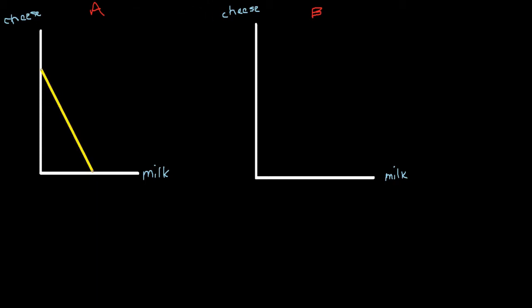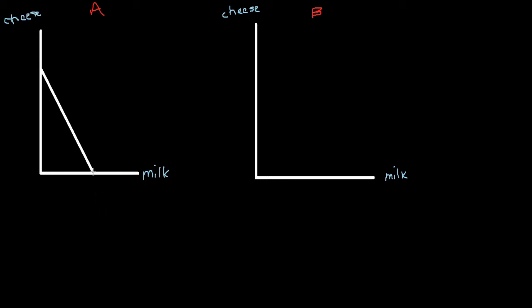A potential trick that they could do is basically have 100 here and 100 here, and make it look as if they can make more cheese, but in reality, it's either 100 cheese or 100 milk. But we're not going to trick you up today, because this is your first lesson in opportunity cost.